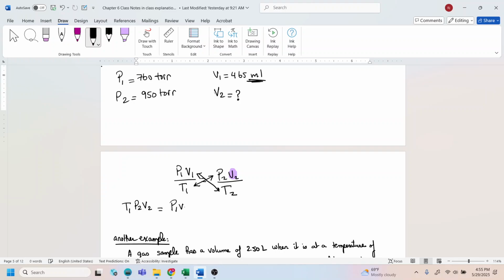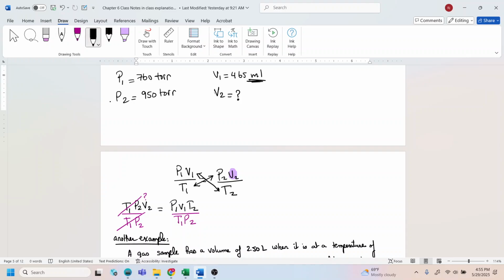Then I need the V2, so I'm just going to divide by T1 P2 on both sides. I can take out all of those, and I'm left with V2. So this is the formula for V2: V1 P1 T2 divided by T1 P2.